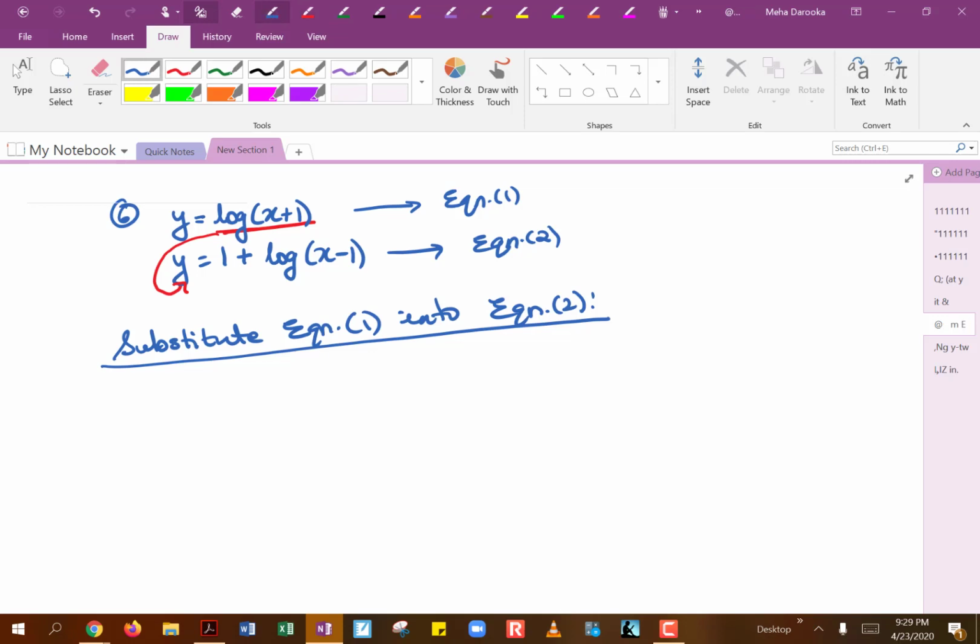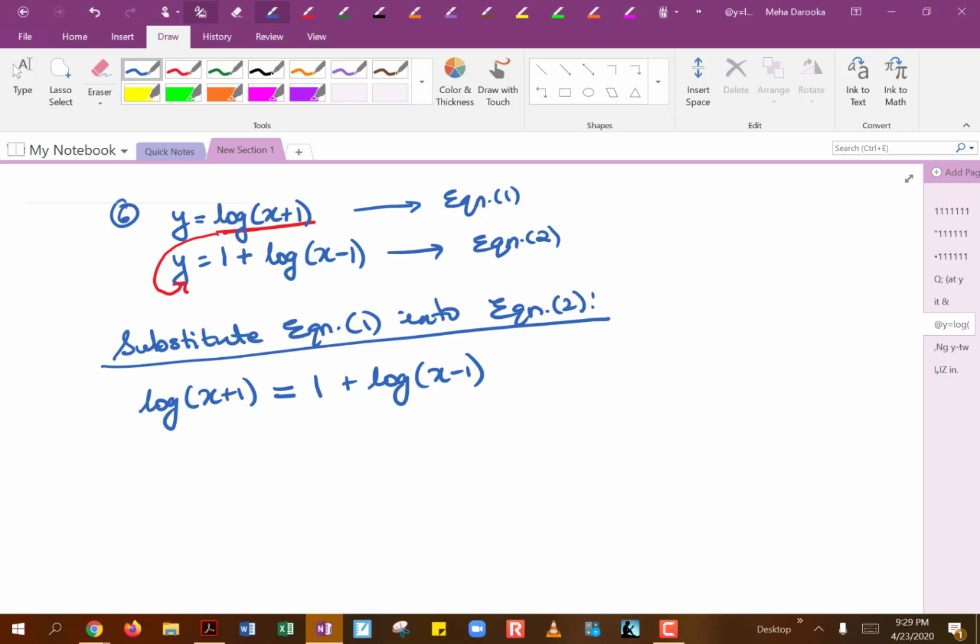So you're basically setting the two equations equal to each other. So this will end up giving us log of x plus 1, replacing the y on the left hand side, and then the right hand side will of course stay the same, which is 1 plus log of x minus 1.